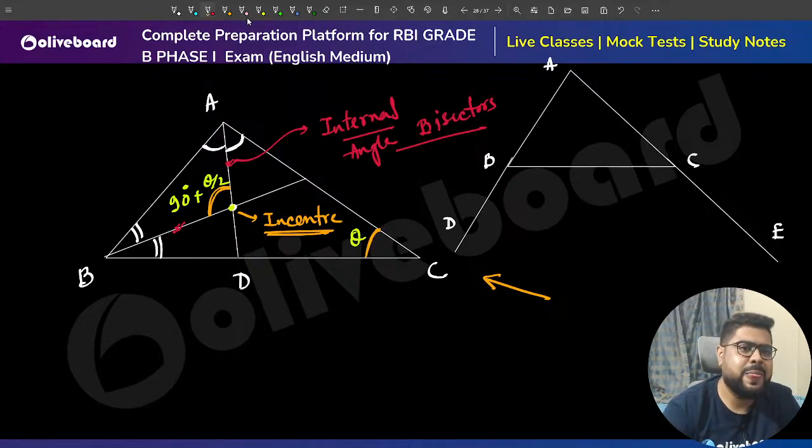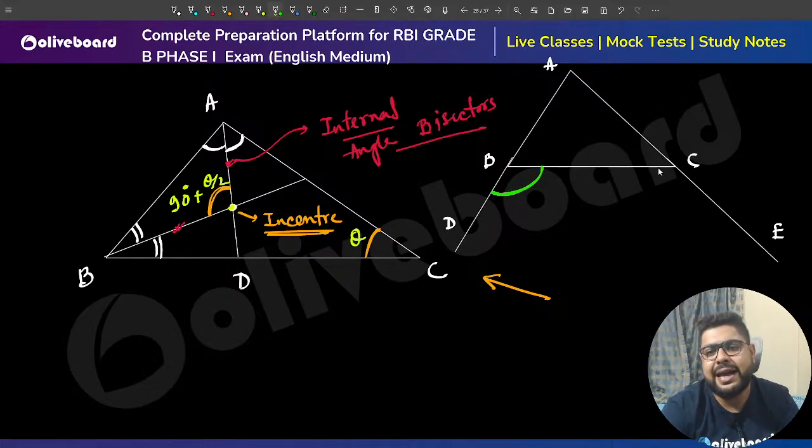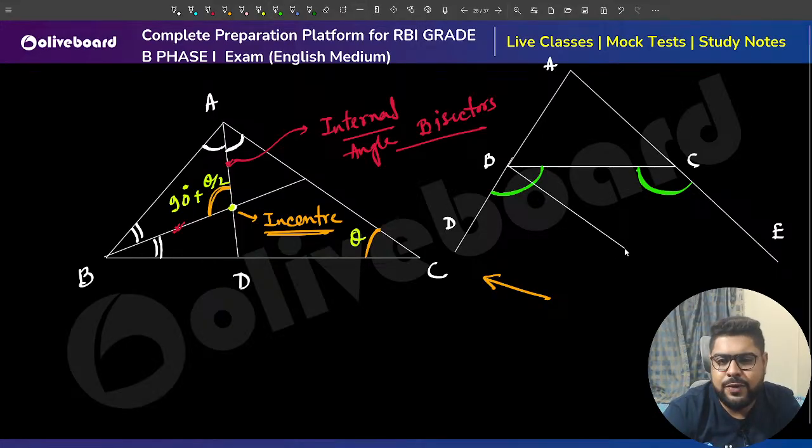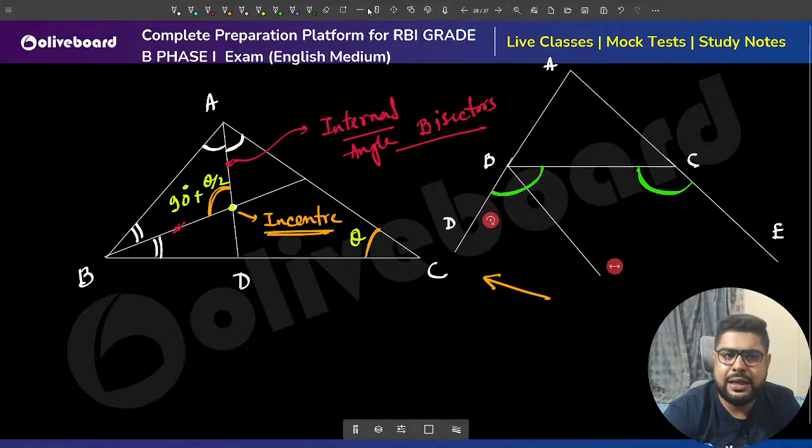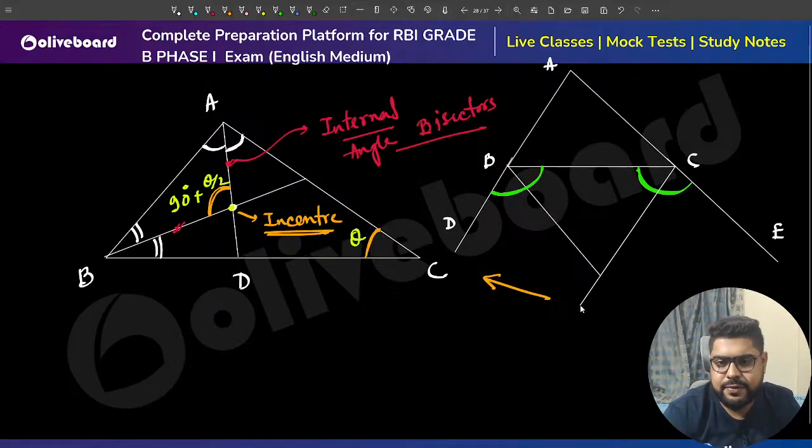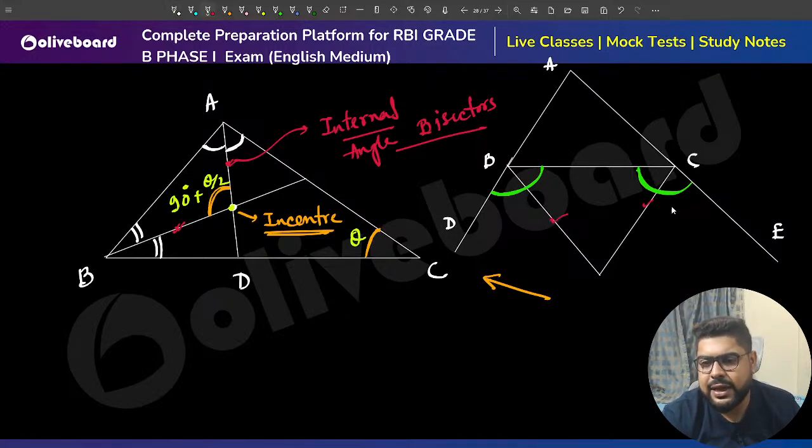Now, if you want an external angle bisector, first we need external angles. So this is an external angle. This is an external angle. If I draw a line which is bisecting them, say a line like this one, and another line like this one, these two lines are external angle bisectors.